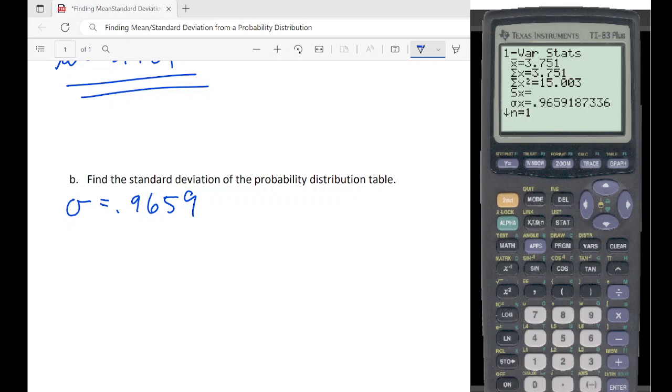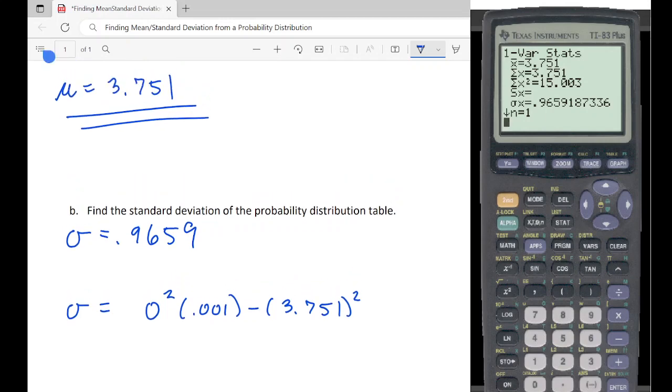I won't do the whole thing. But what you would do is take your sigma and it's going to be equal to your x squared, so it's going to be 0 squared times your p of x, 0.001, minus your mean, 3.751 squared.